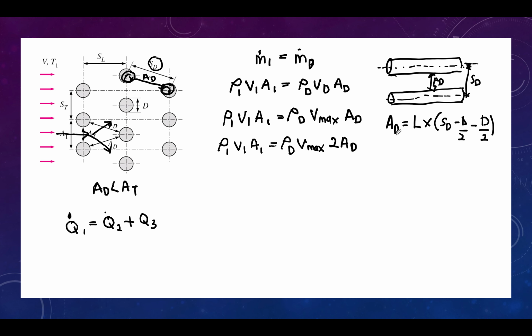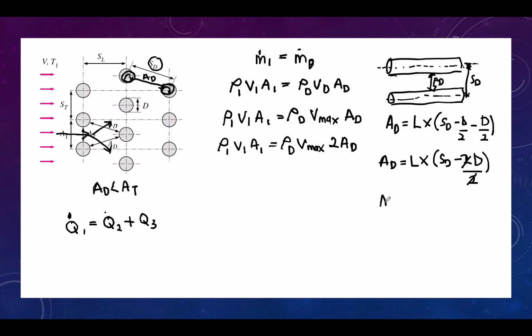So we have that equation, and AD is L times SD minus 2D over 2. So we can cancel out 2.